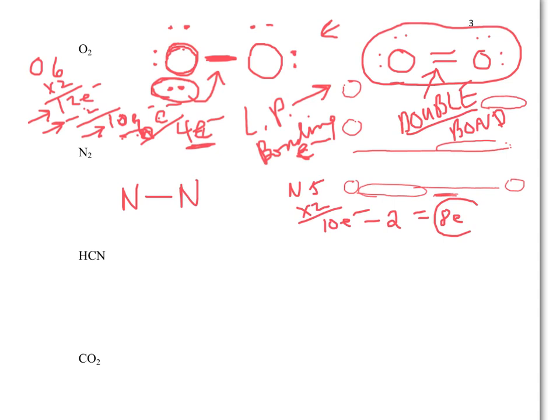So I go to step 4, use remaining electrons to complete the octets of the terminal atoms. There's not really a terminal atom, but what I could do is give the right-hand one 4, and then give the left-hand one 4. So that means I've used up all 8 of them.